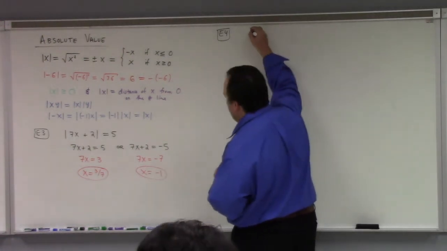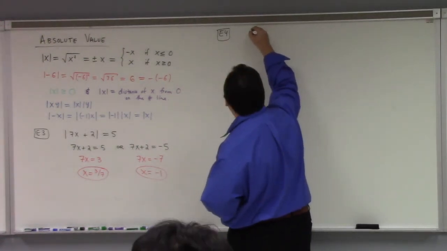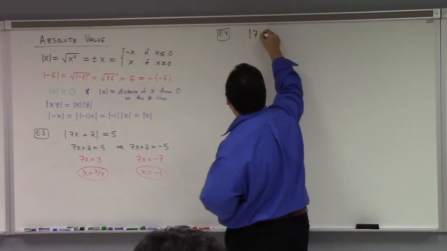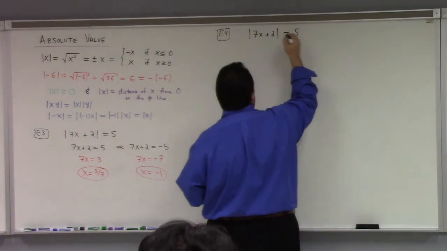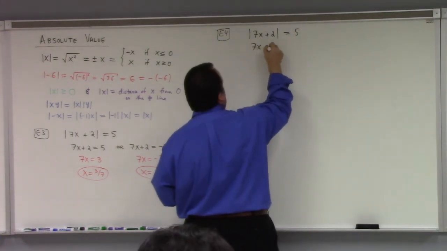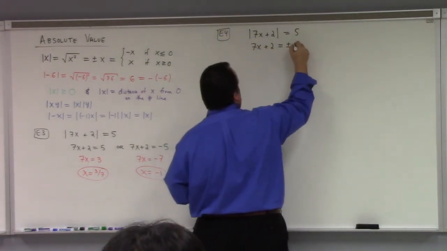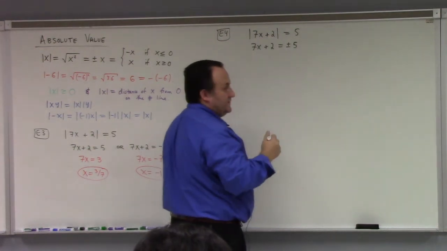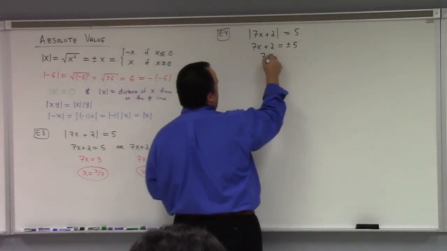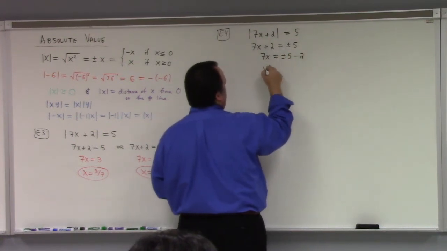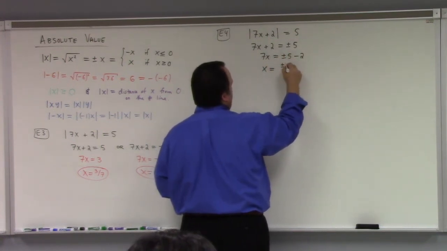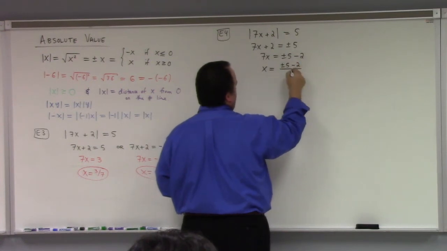The other way would be to use the plus minus notation. So if we have absolute value of 7x plus 2 equals 5, we could also solve this like this. 7x plus 2 is equal to plus or minus 5. So that means 7x is equal to plus or minus 5 minus 2, which means x is plus or minus 5 minus 2 over 7.